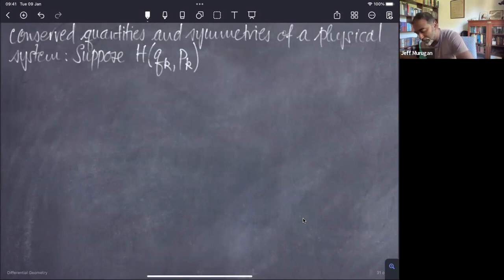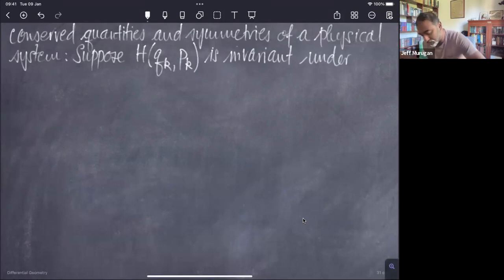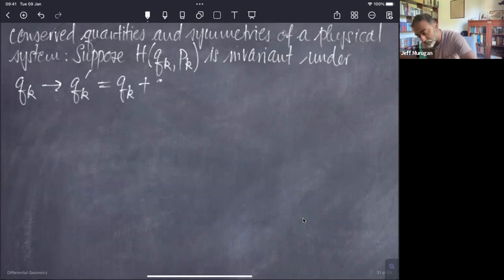I'm going to assume that H(q_k, p_k) is invariant under the infinitesimal transformation of coordinates q_k to q_k', where q_k' is q_k plus epsilon, some small epsilon, times phi_k. And phi_k in general is a function of the q's.